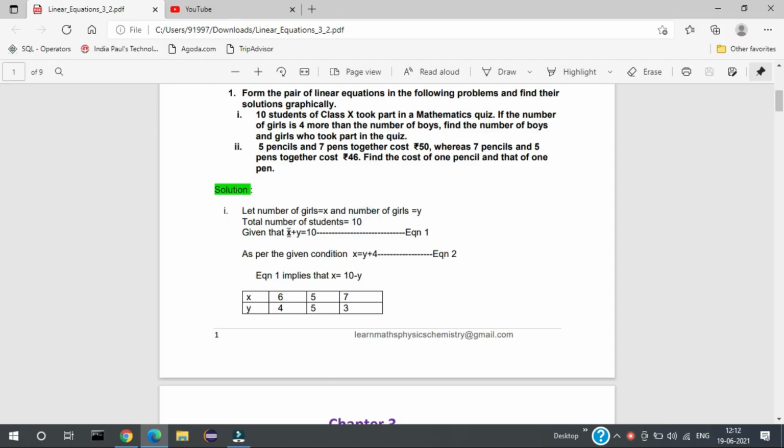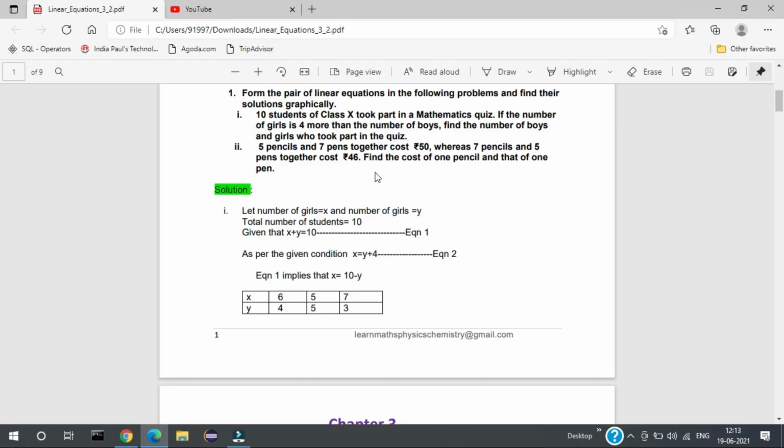Given that, the total number of students in class 10 is 10. So x + y = 10 will be the first equation.